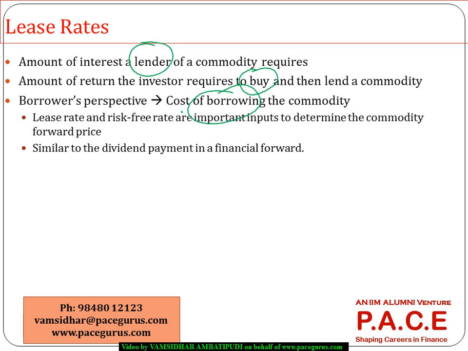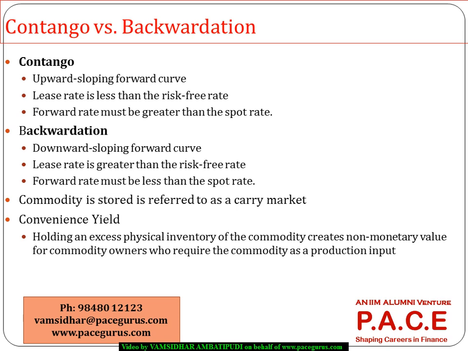You are shorting it. So we have to look at these two rates of return, especially the relationship between the lease rate and the risk-free rate. In some cases, the lease rate may be lesser than the risk-free rate. In some cases, the lease rate can be more than the risk-free rate. What could be the scenarios?